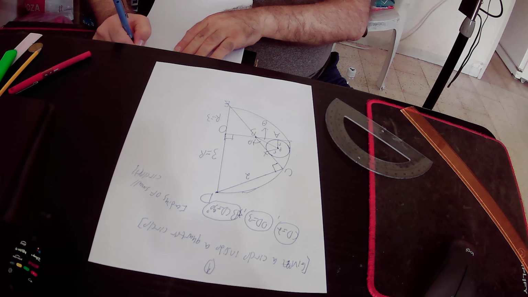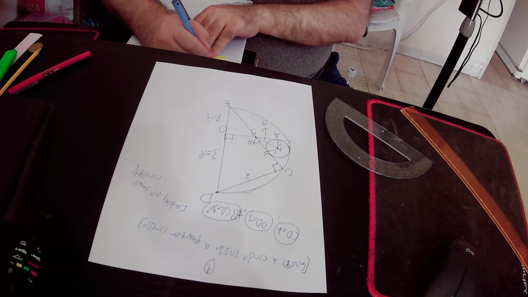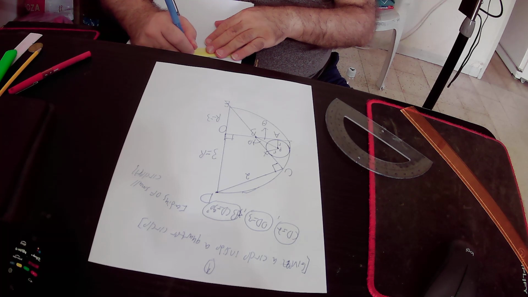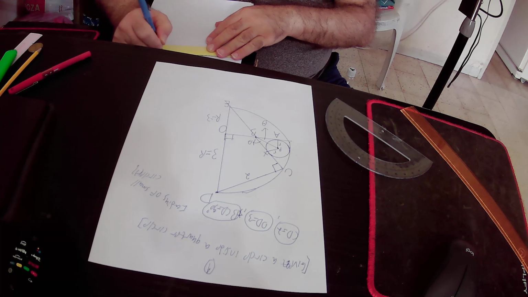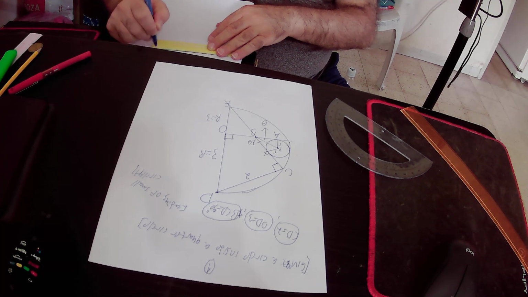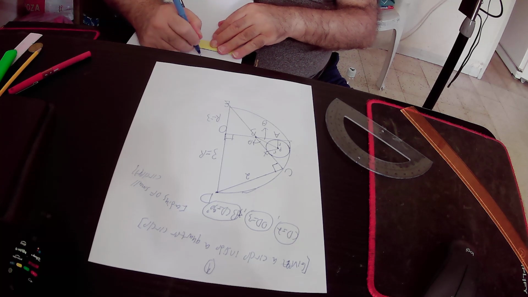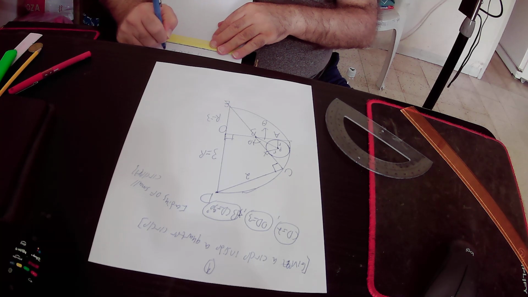And we have a rule that states that the sum of the angles on a straight line is equal to 180 degrees.